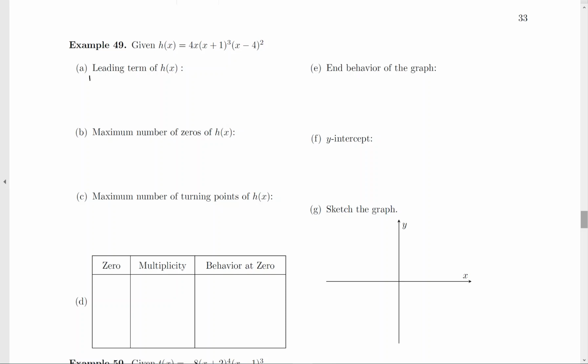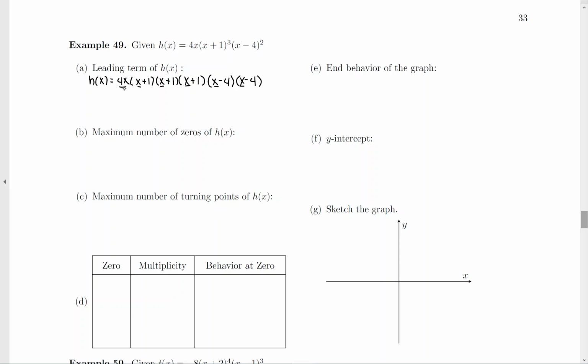So for example, I'm going to rewrite this as h of x equals 4x and then x plus 1 taken 3 times is x plus 1 times x plus 1 times x plus 1. x minus 4 squared is writing x minus 4 down twice, and then multiplying each of the leading terms in each of the factors together.